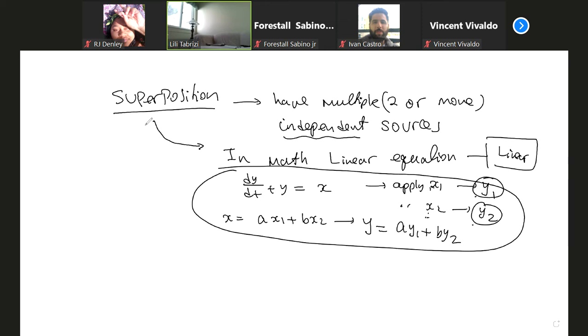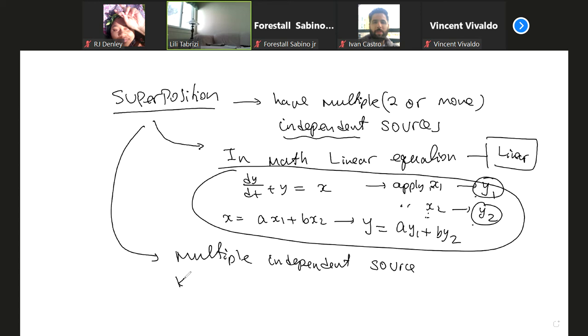When it comes to circuits, you have two or more independent sources. Keep one at a time, find the output.